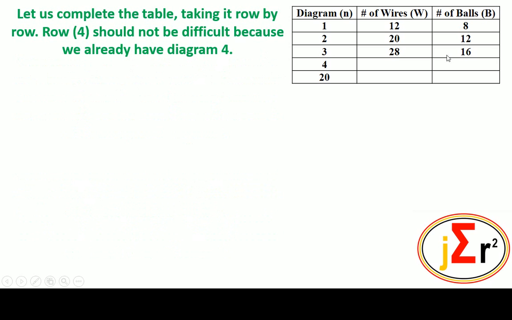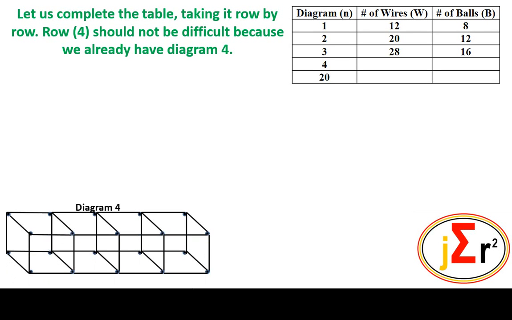Let us complete the table, taking it row by row. Row 4 should not be difficult because we already have diagram 4. There is diagram 4.